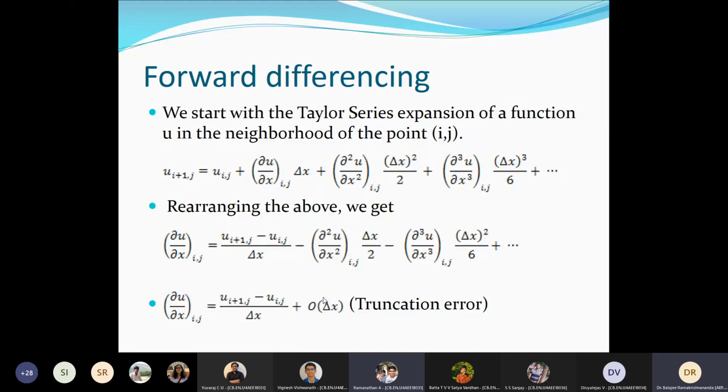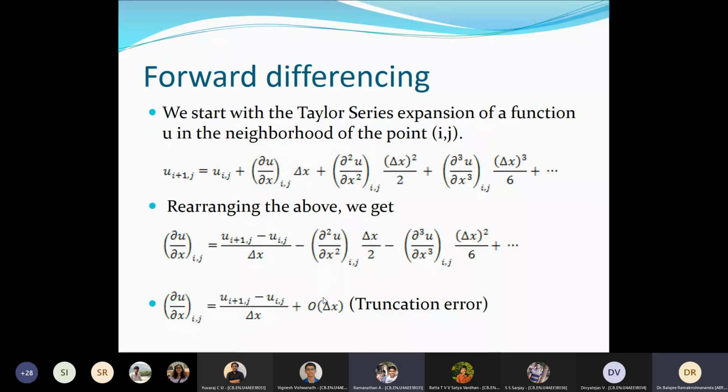It is just to say the order of that. So we assume that it is mainly influenced by delta x. Anyway, the ∂²u/∂x² by 2 term is going to be constant irrespective of the delta x you take. It doesn't depend on delta x. So we can't control that error, but delta x is something we can control.